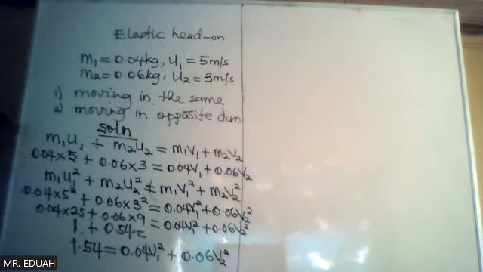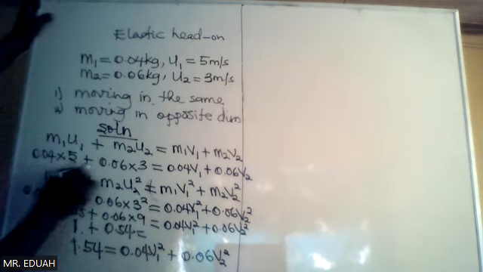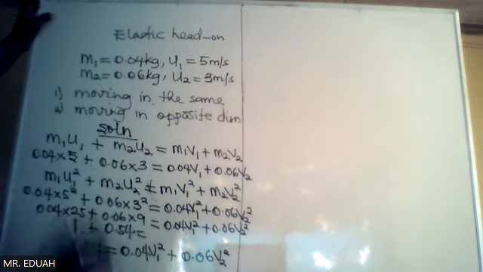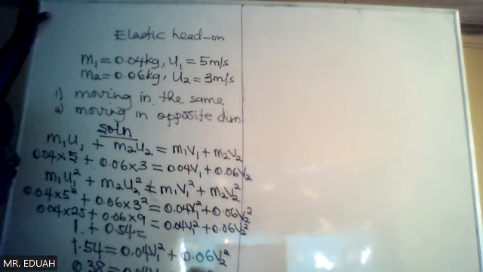Okay. Now this is 0.2 plus 0.18, and this rather will give us 0.38. So 0.38 is equal to 0.04 V1 plus 0.06 V2.